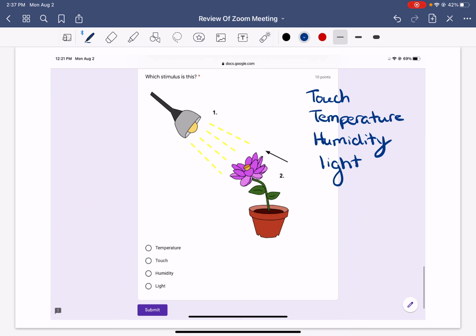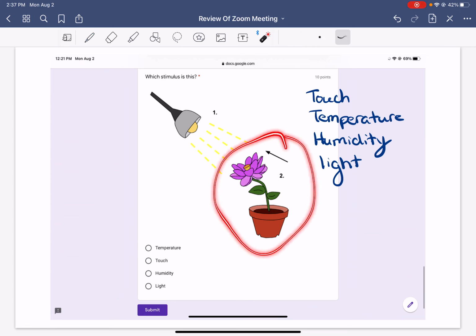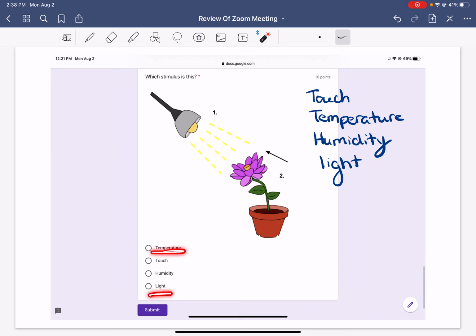We see a plant here, and we see light. It's not touch because no one's touching anything. It's not humidity. Humidity is about water. Those 2 are the choices: temperature or light.